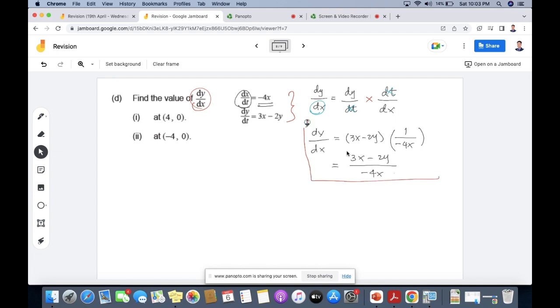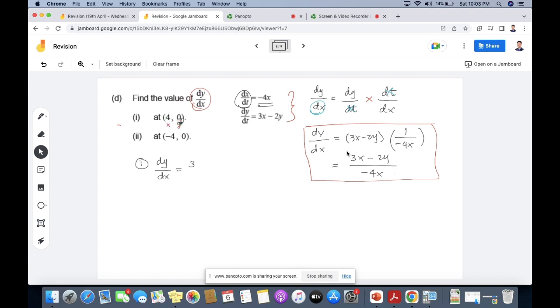All right. So let's start with the first one. So for the first one, we have at (4, 0). So dy over dx at (4, 0) will just be equal to 3. Our x is 4, right? It's given, (4, 0). x is 4, y is 0.